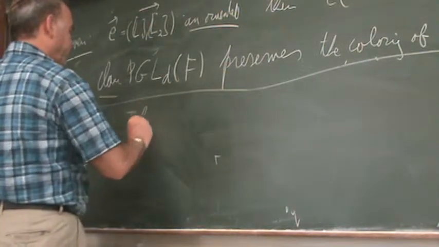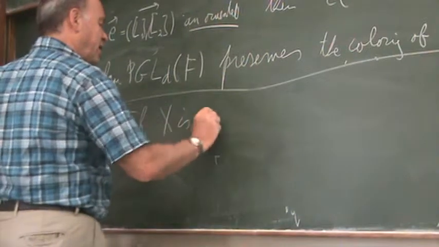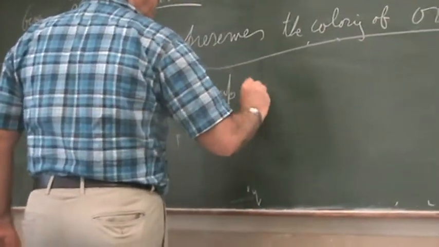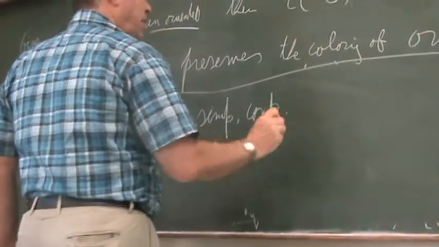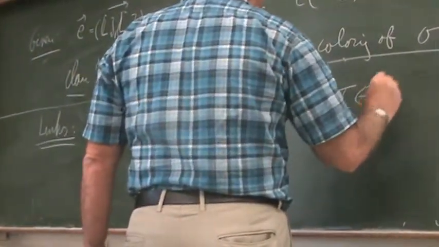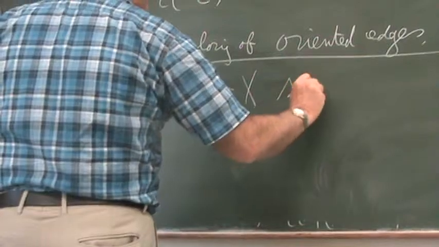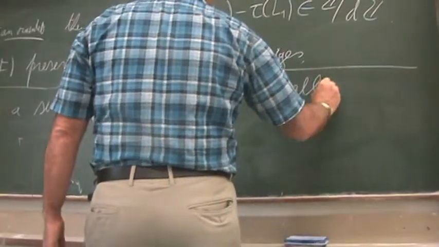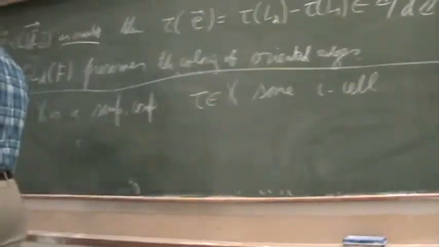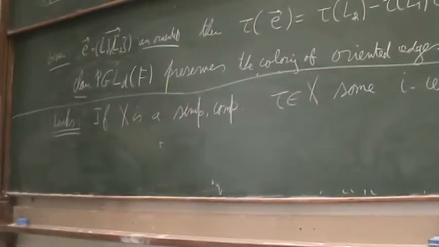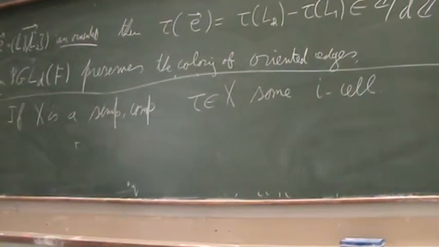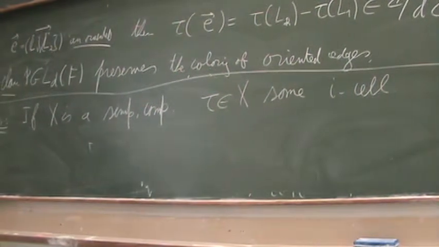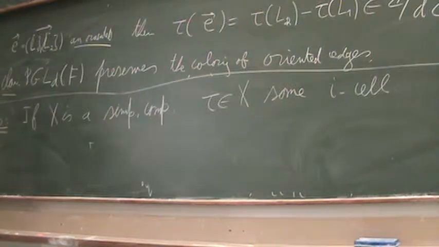If X is a simplicial complex and tau in X is some cell, we can define it in general. We usually will be interested in links of vertices, but sometimes also links of other cells.